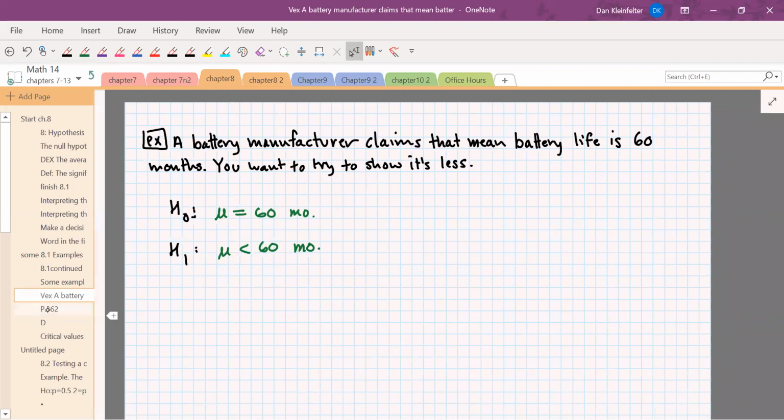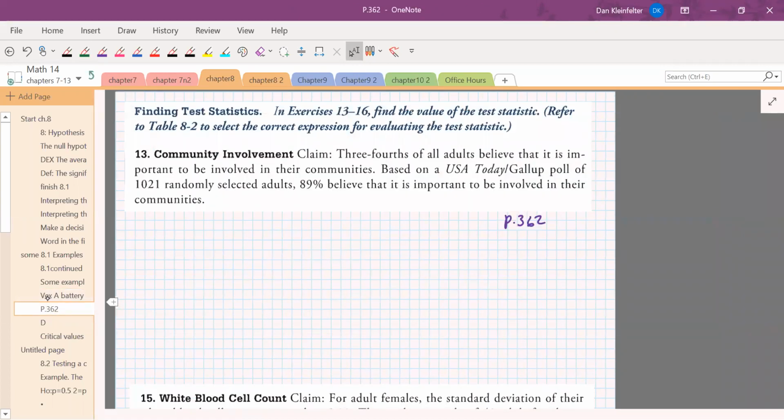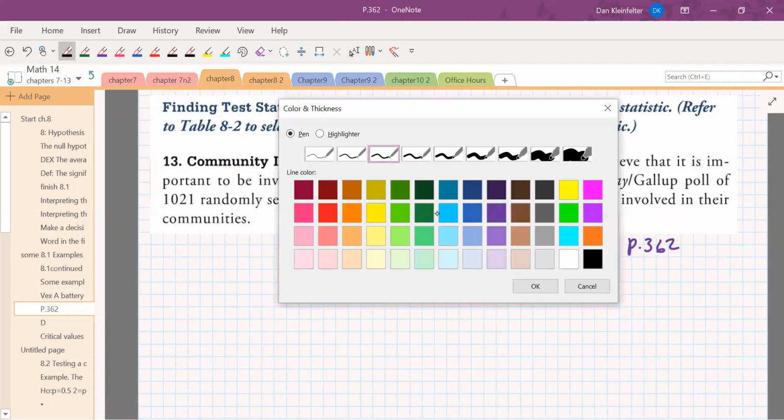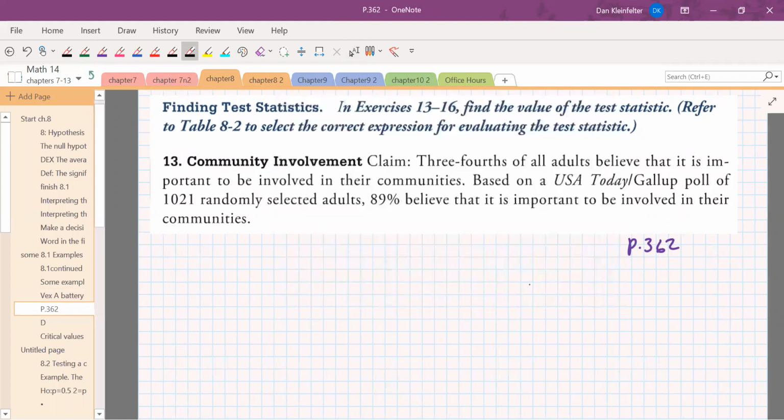A little more calculation soon. In each of these, we're going to find the value of the test statistic. So let's see for our first one. It says 3/4 of all adults believe that it is important to be involved in their communities. Based on this poll of 1,021 adults, 89% believe that it's important to be involved in their communities. So we're to calculate a test statistic. You have to read this and decide, what is this about? Is this about a mean, a proportion, standard deviation?